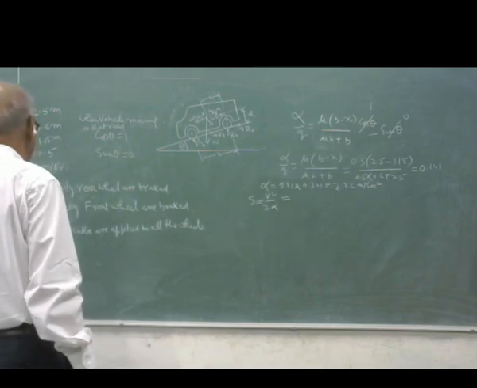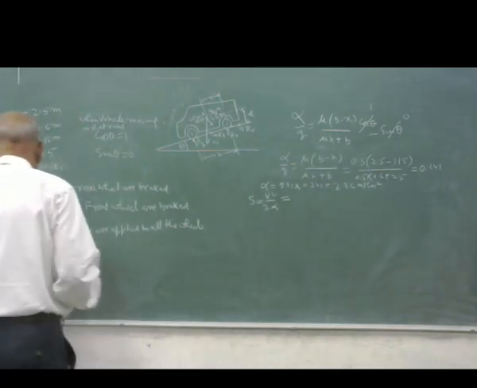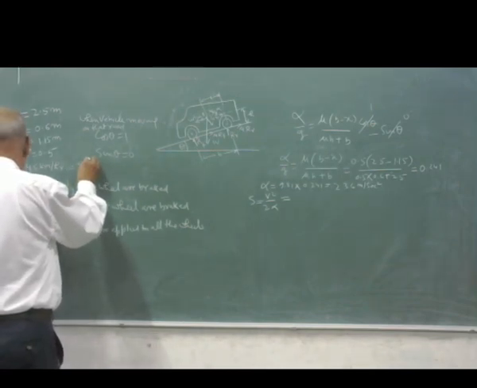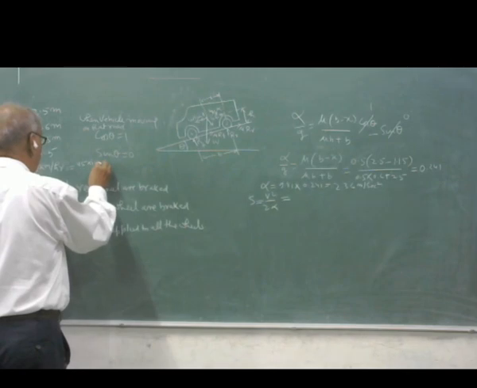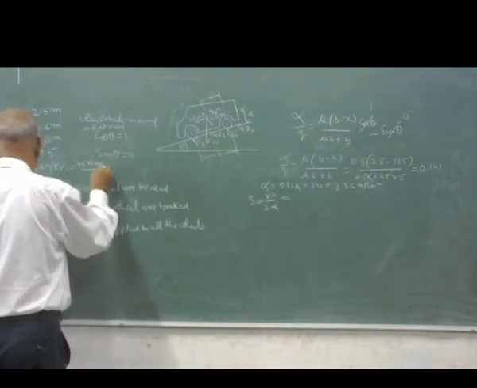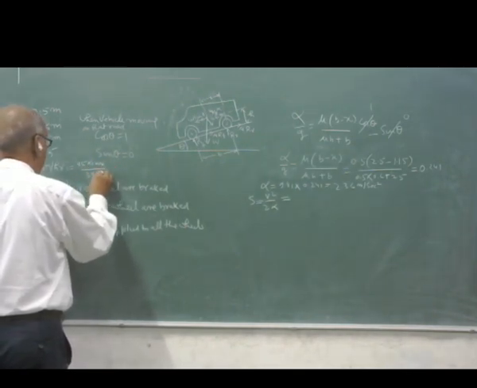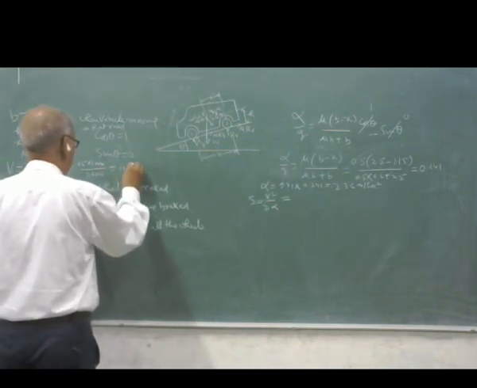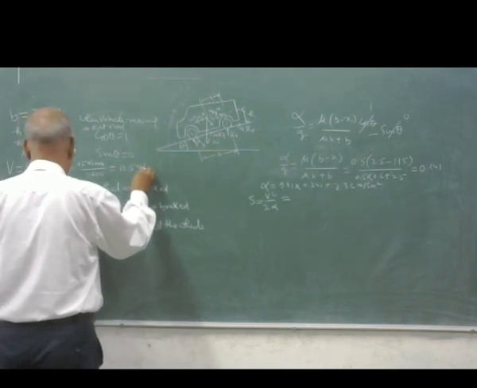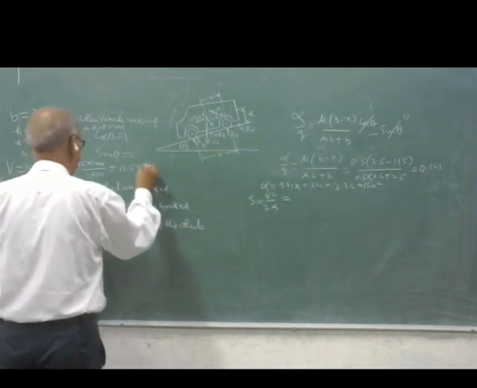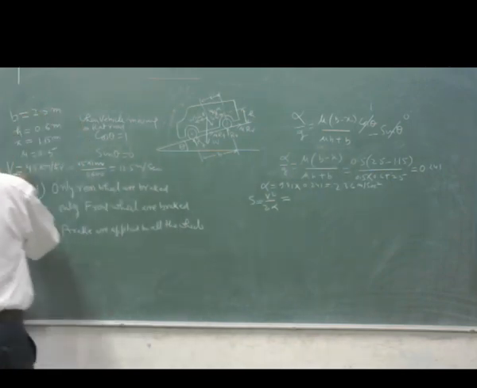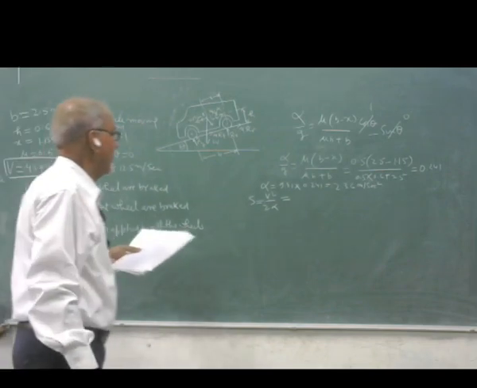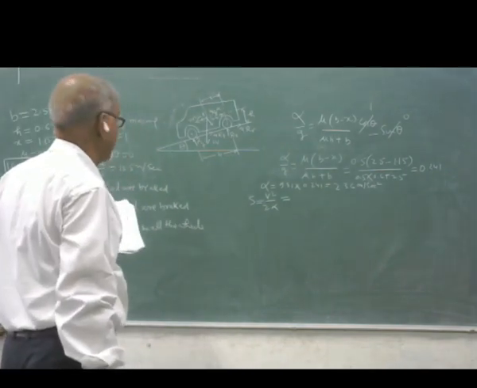That has to be changed into meter per second: 45 into 1000 divided by 3600, which gives 12.5 meter per second.